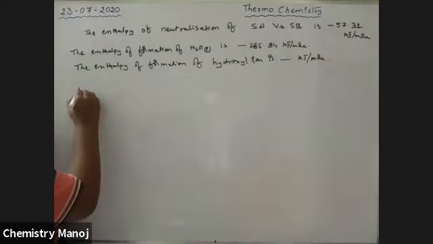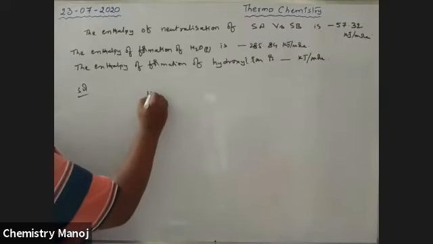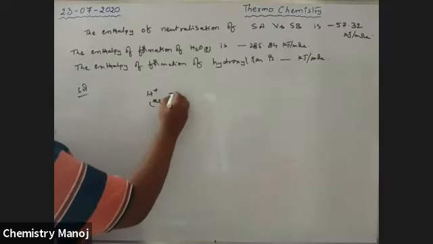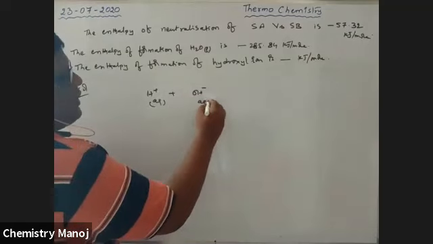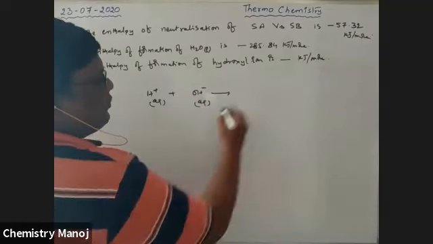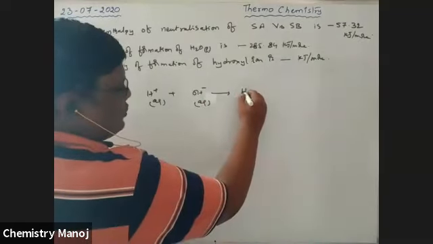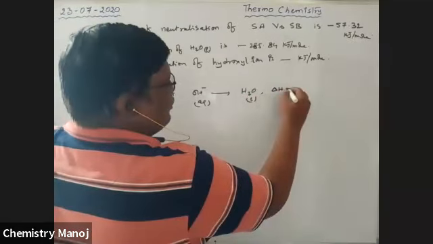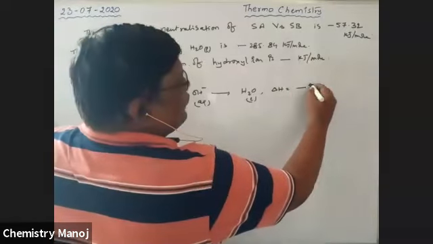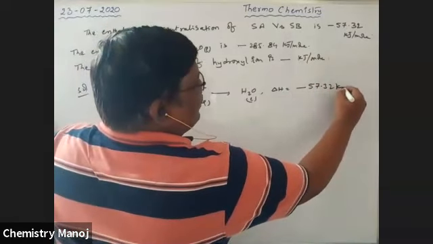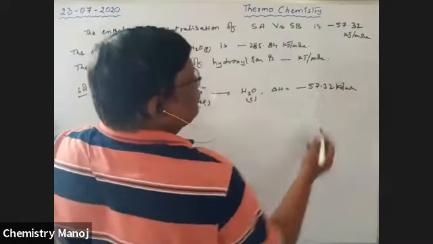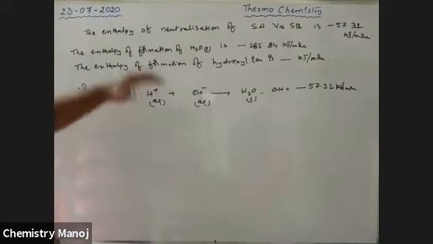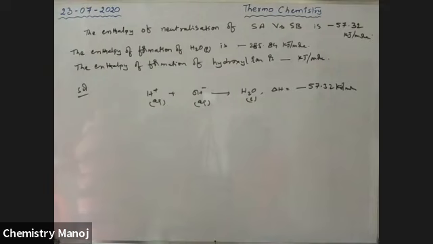From this, I am writing the equation: H plus aqueous plus OH minus aqueous gives 1 mole of undissociated water, liquid, and delta H is equal to minus 57.32 kilojoule per mole. That statement I converted into an equation.